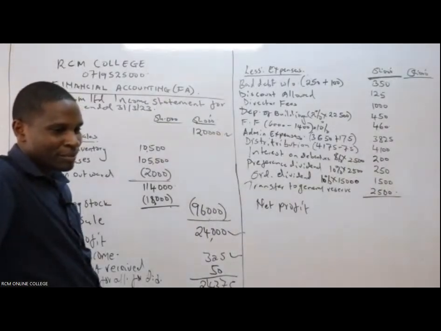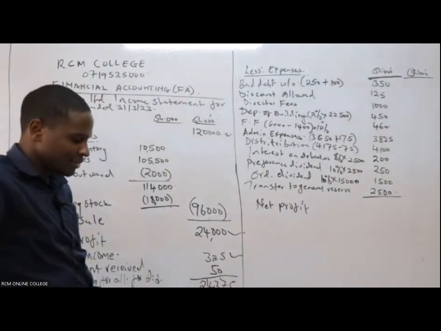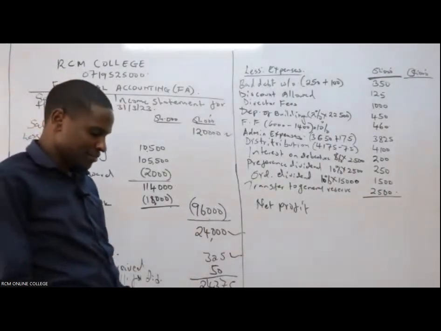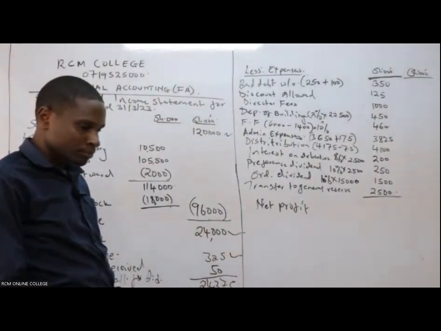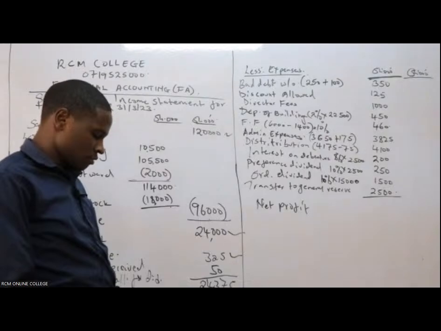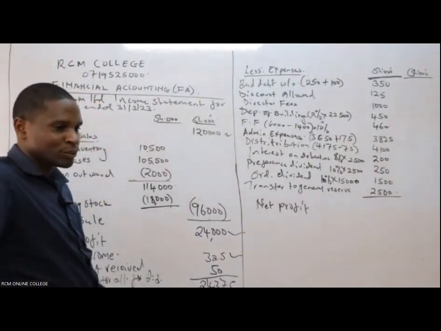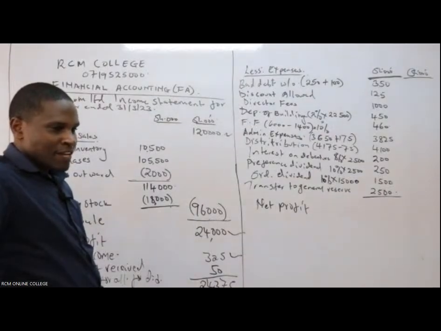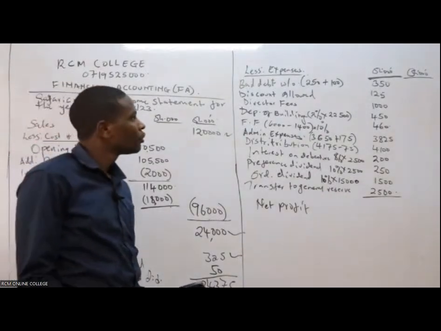Do you see our time? We have about 5 minutes. What are you getting from your end? 24,375 minus the total. What are you getting?